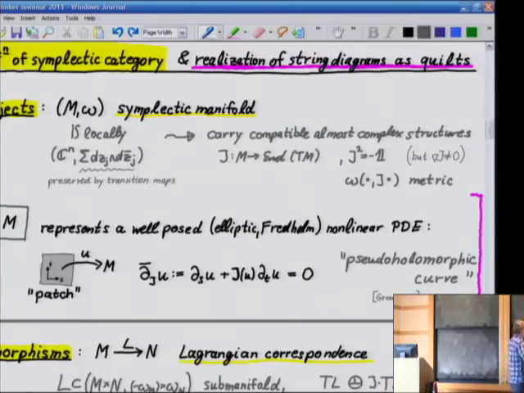I will secretly always choose a complex structure, and then I will not tell you how we prove that things don't depend on that choice. They won't. It's the symplectic form that governs all the invariants.